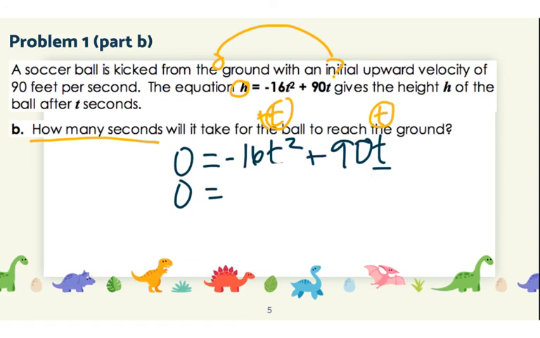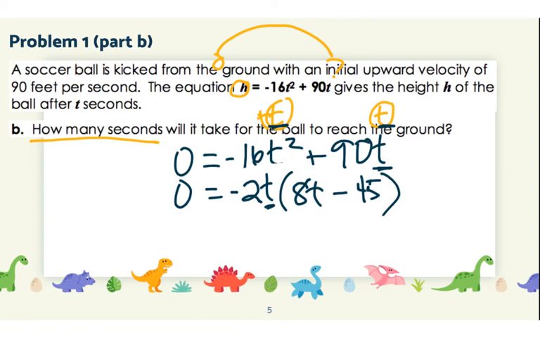So I'm not just going to take out 2 here, I'm going to take out negative 2t, the 1t that they both share. So negative 2t times (8t minus 45), because negative 2 times a negative 45 gives me a positive 90, and I already have t here once.